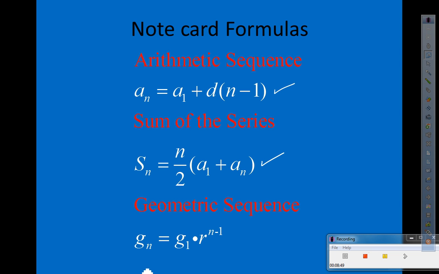G sub n equals G sub 1 times R to the n minus 1. And title it Geometric Sequence. I'll give you just a couple of seconds there to get that written down on your note card. And then I'll come back and show you how to use it.